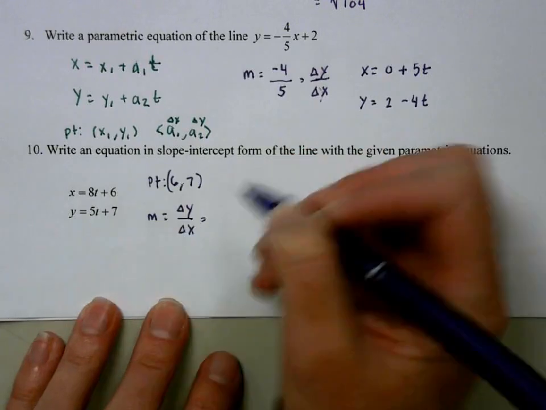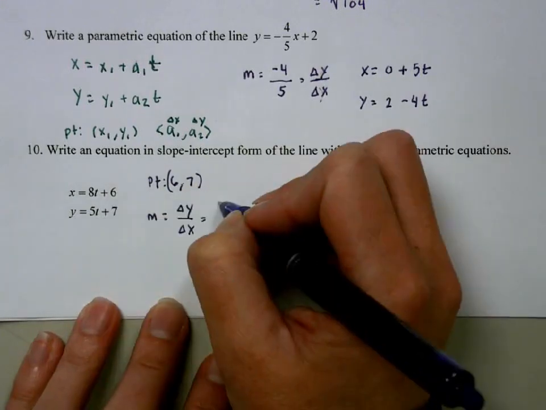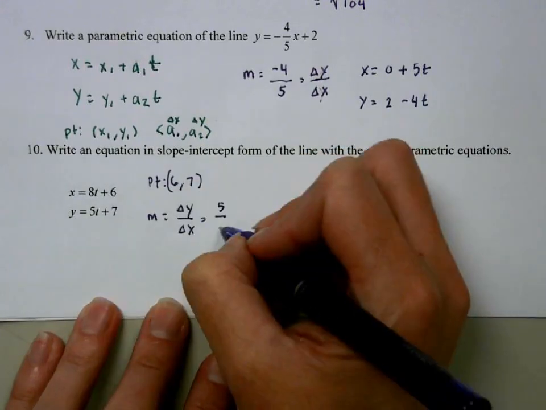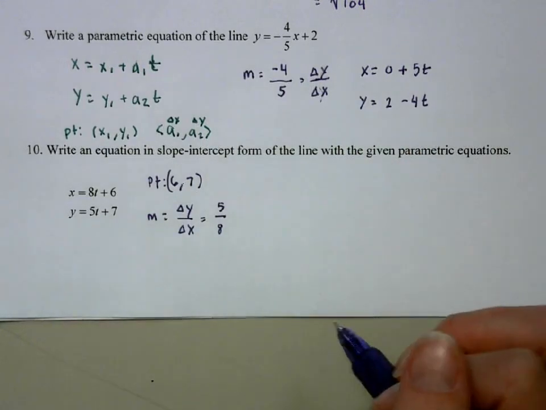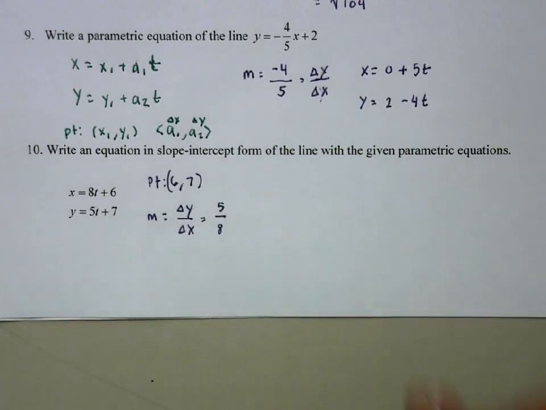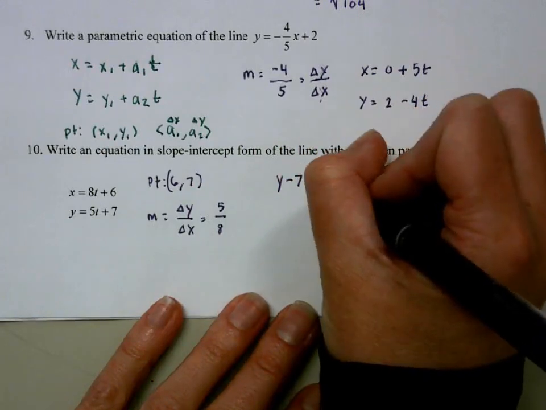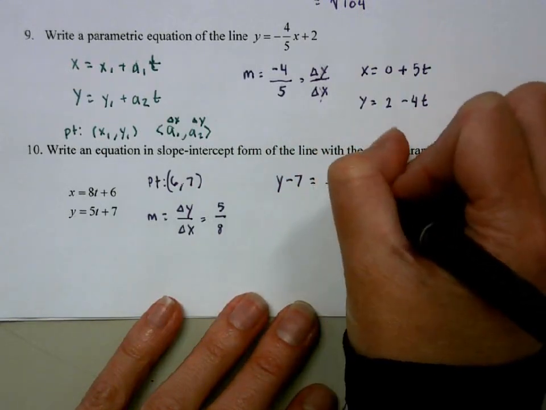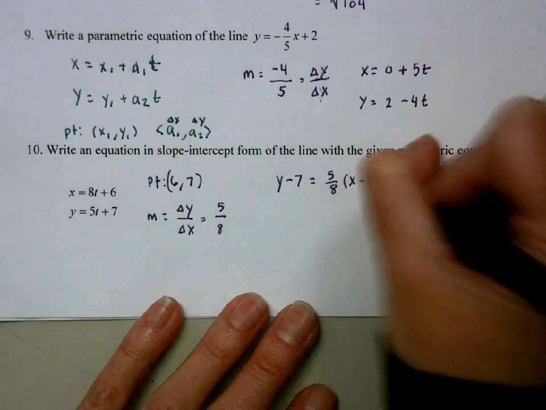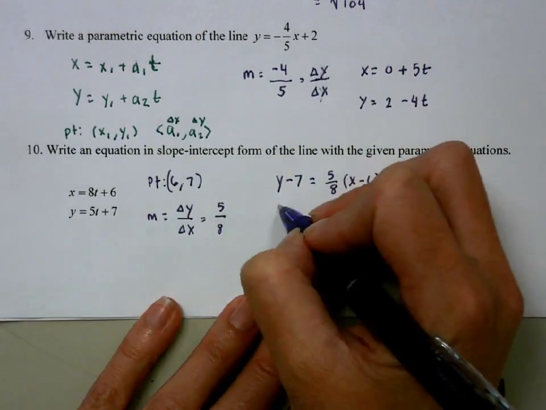Then what I'm going to do is actually put this in the point slope form of a line, which is y minus 7 equals 5/8 (x minus 6). So y minus 7 equals 5/8 x minus 30/8.